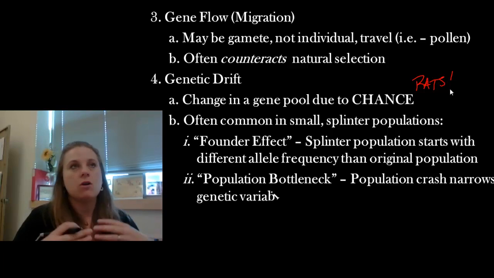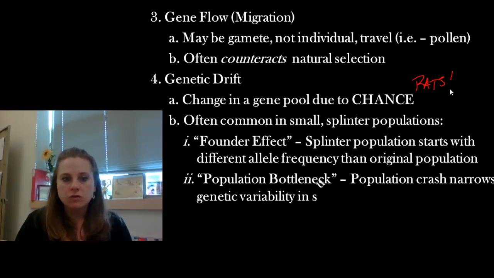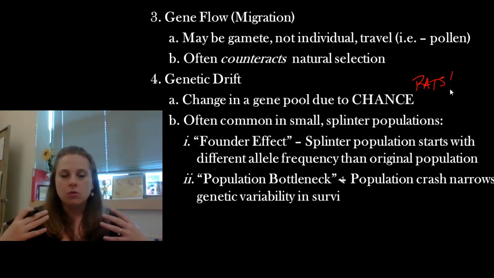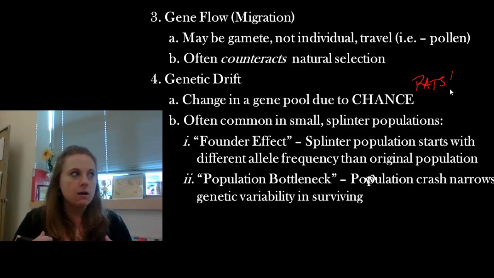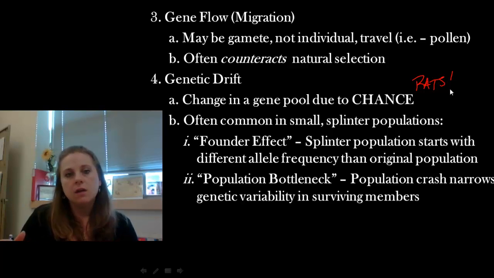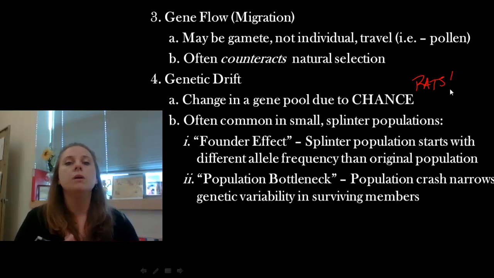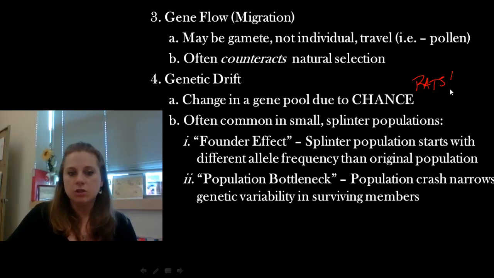So a volcano eruption, an earthquake, some sort of natural disaster. Who cares if you were great for the environment, but if you're just unlucky enough to be in the way of the lava, you're going to die. And so it's complete chance that grabs these particular populations, and the survivors now make up the new group, and that new group is then what sets the stage for the subsequent generations down the road.